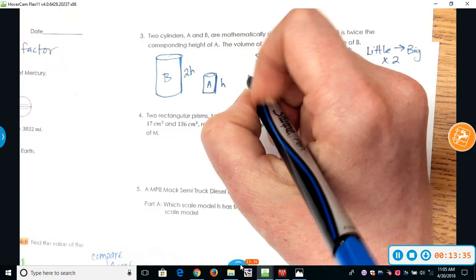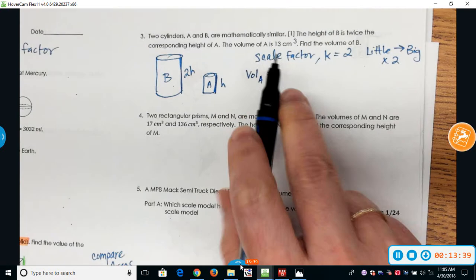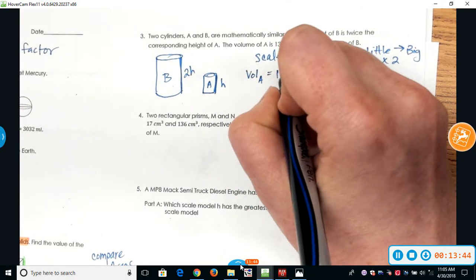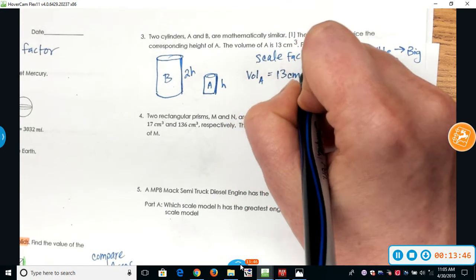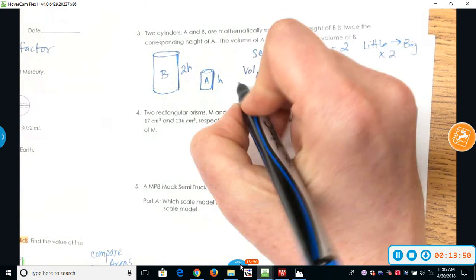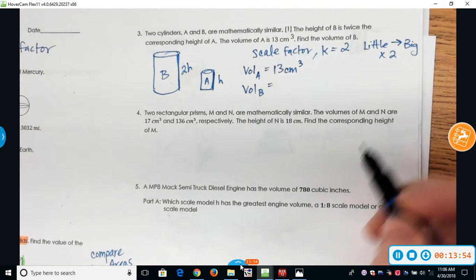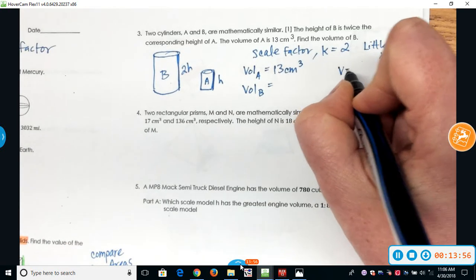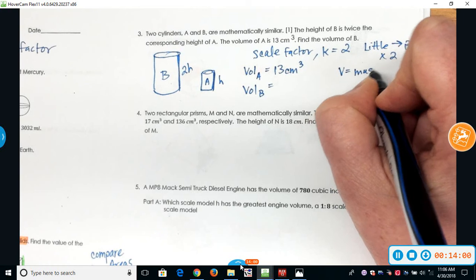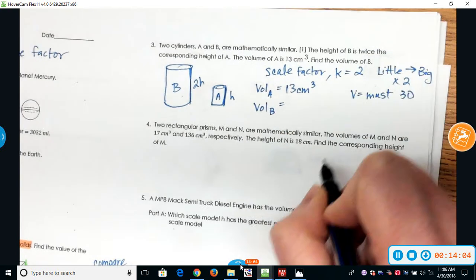They tell me that the volume of A is 13 cubic centimeters. And they want to know what the volume of B is. All right, so again, volume comparisons, you must consider the 3 dimensions, okay?